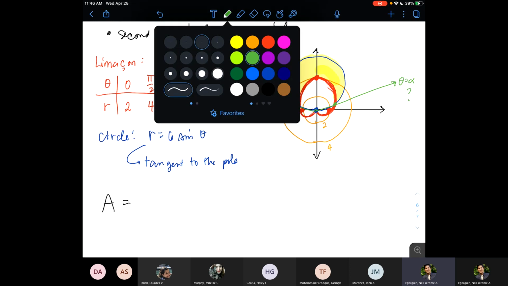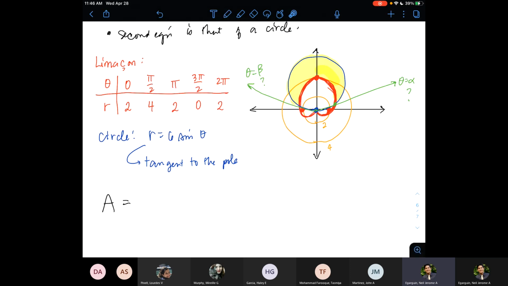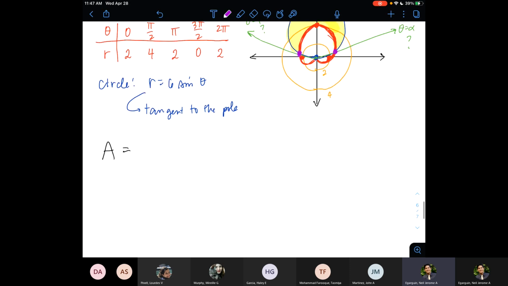And then you can draw your radius. Your radius will be a ray that will travel this way until you go to that point of intersection, right? Again, alpha and beta will be determined by the points of intersection here and over there. So we need to solve for the points of intersection. Now we need to solve for the POIs.